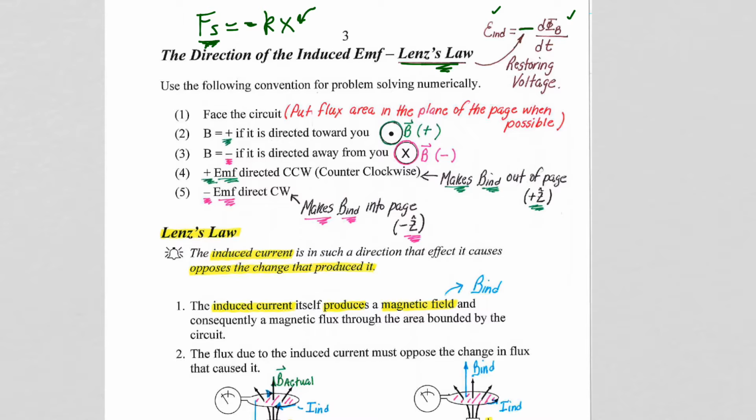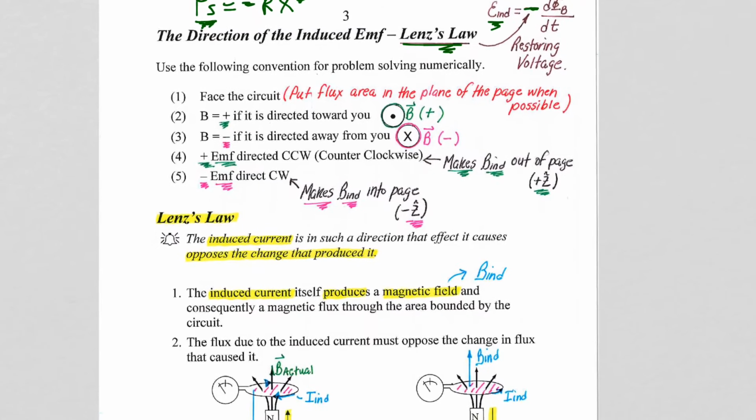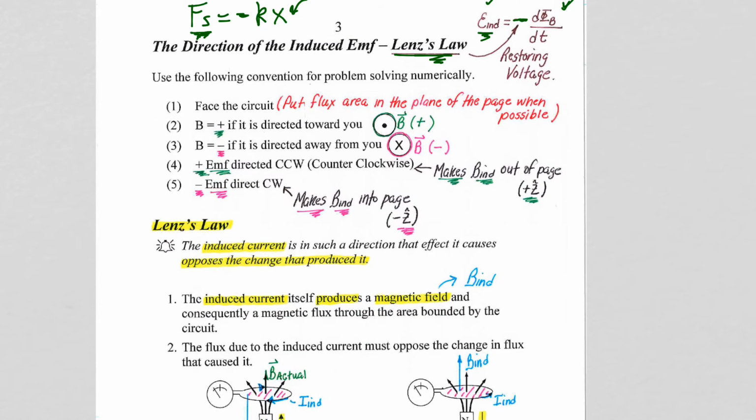When the flux changes with respect to time, that's what produces the E-induced, which says, nope, I don't like this. I want to go back to status quo, back to where we were. Well, the conventions we use are the same Cartesian coordinate conventions, where out of the paper is our positive z-hat direction.